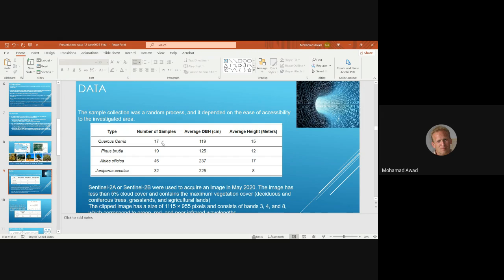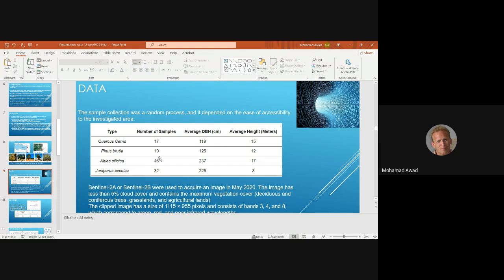At the same time, Lebanon cedar is the logo of the flag, and it's a national tree. It's a very important type of forest. So we were prohibited from accessing this cedar tree. So we took samples just from oak, pine, fir, and juniper.